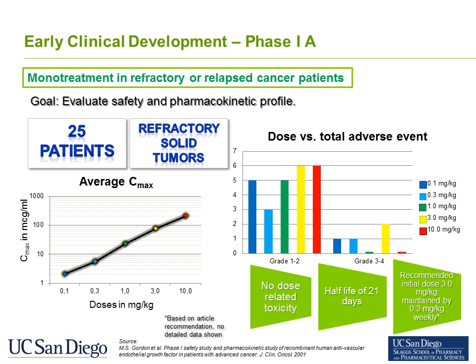The drug had a half-life of 21 days, the data was not shown, and they took away a recommendation for the initial dose that could be given in subsequent studies, and they recommended an initial dose of 3.0 milligram per kilogram, maintained by 0.3 milligram per kilogram weekly injections. It should be noted that this recommendation was based on what was said in the articles, but no detailed data was shown to support this statement.